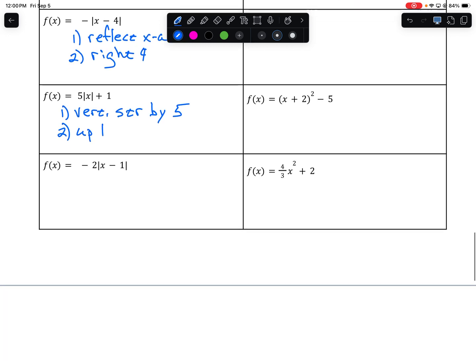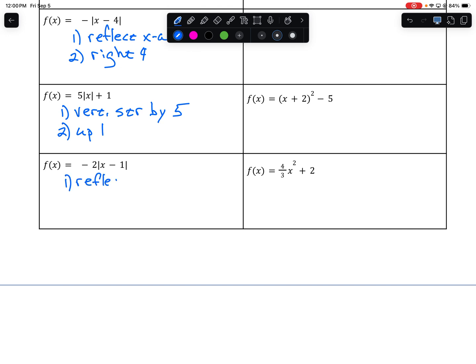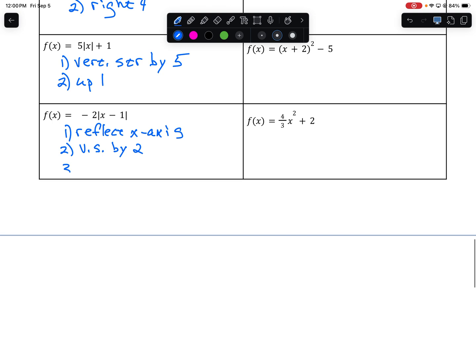This one has 3, right? So it's got the negative in front, so it's reflect x. What's a 2 do? Vertical stretch by 2. We'll even abbreviate VS by 2. And then the -1 goes right 1.